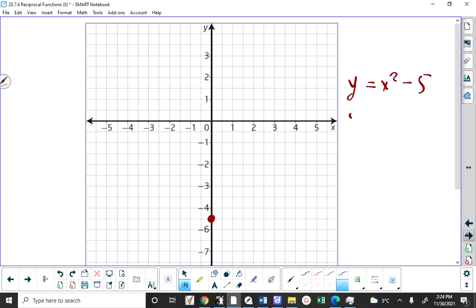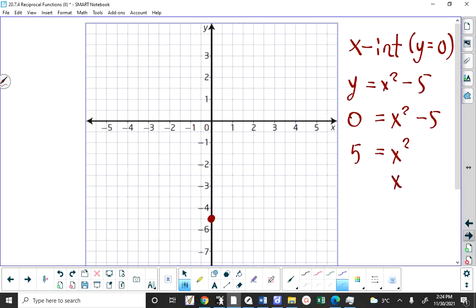And we can find the x-intercepts by letting y equal 0 and getting 0 equals x squared minus 5, shuffling that negative 5 to the other side, taking plus or minus the square root, and then saying to ourselves, well, what's the square root of 5 approximately equal to? Because we want to be able to plot these x-intercepts. And I want to say it's about 2.2. Close enough for what we're doing? Okay.